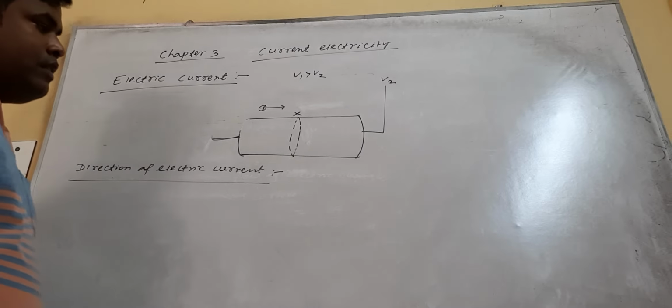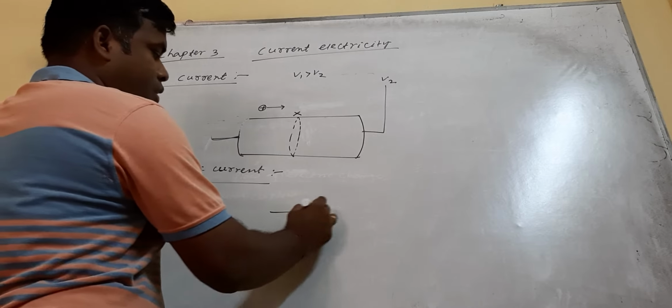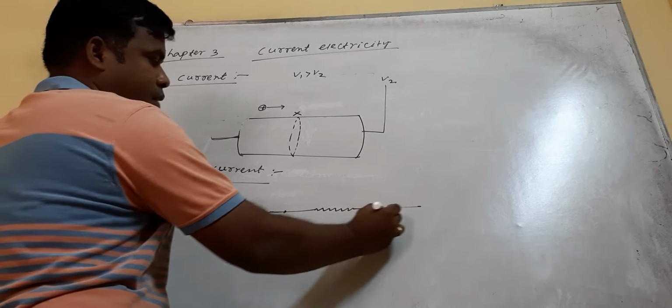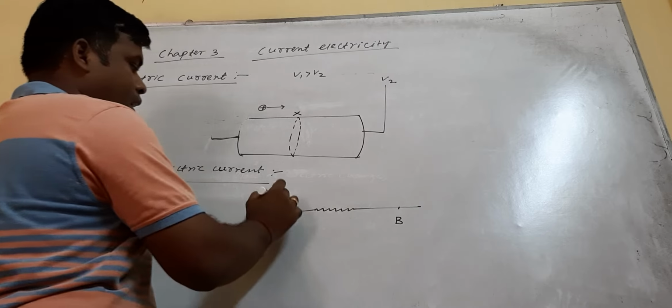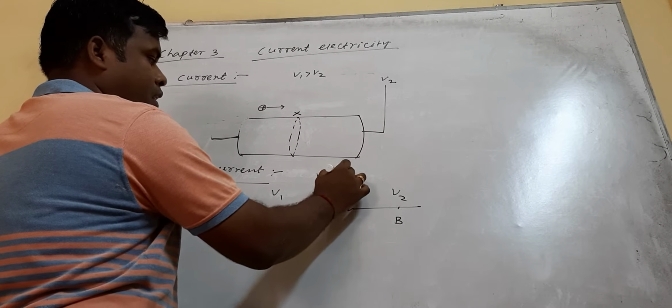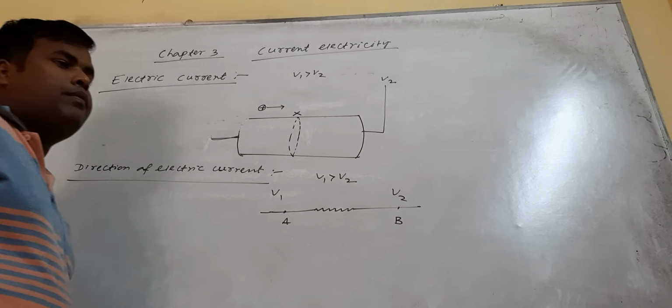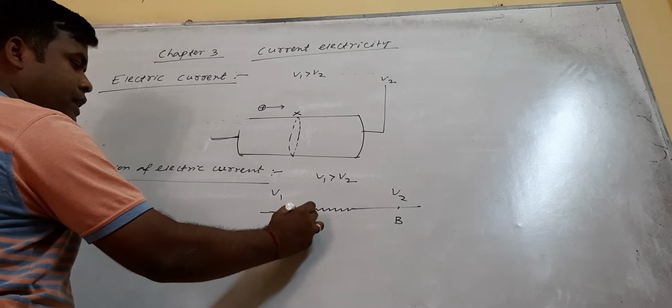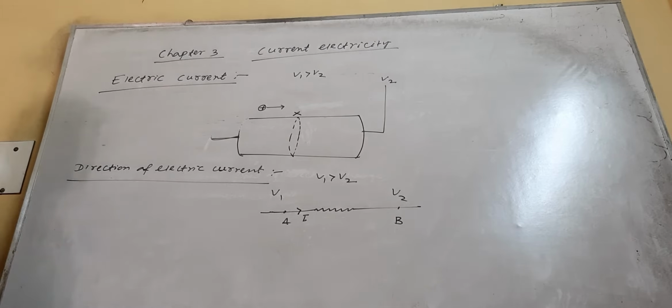By convention, suppose A is at higher potential and B is at lower potential; we will assume the current flows from higher potential to lower potential.